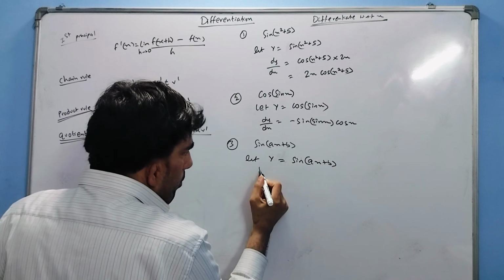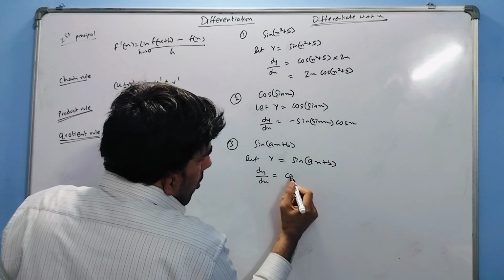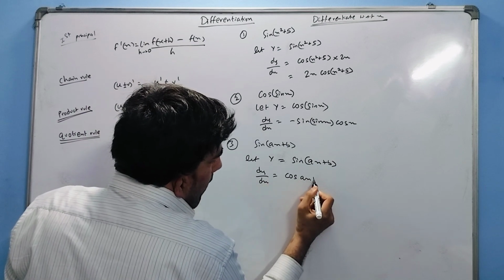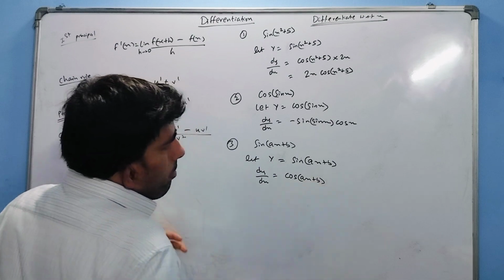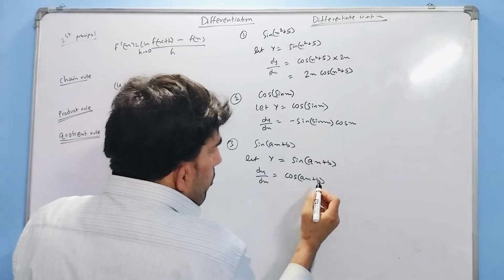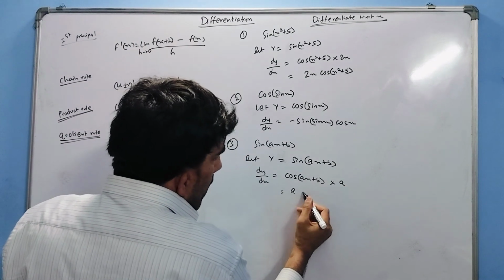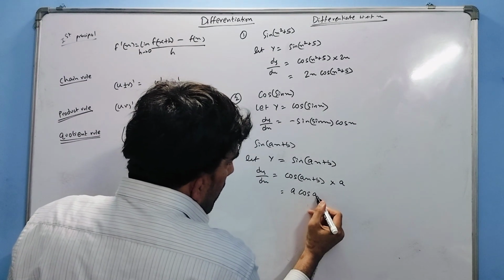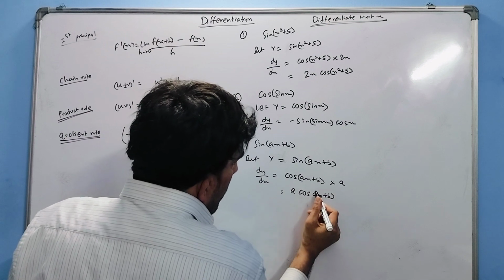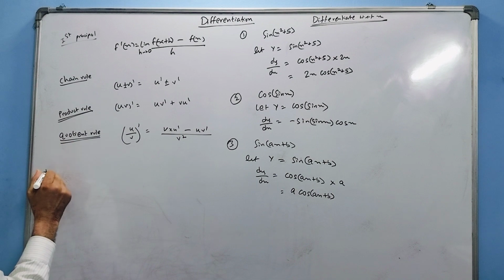Then dy upon dx is equal to cos of ax plus b, since the differentiation of sin is cos. Then the differentiation of ax plus b will be a only, so we got a cos of ax plus b.